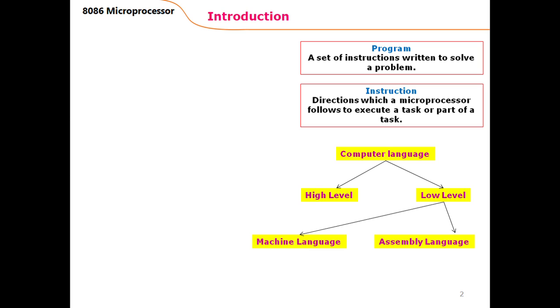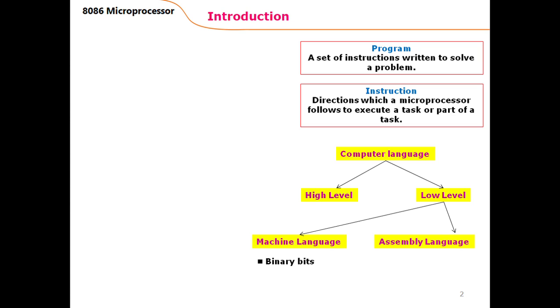And in these two languages, machine language is the language that is very close to the machine, while assembly language is the language that is close to the user or to the programmer. So machine language is basically a sequence of bits, binary bits, which represent an instruction in the machine language.